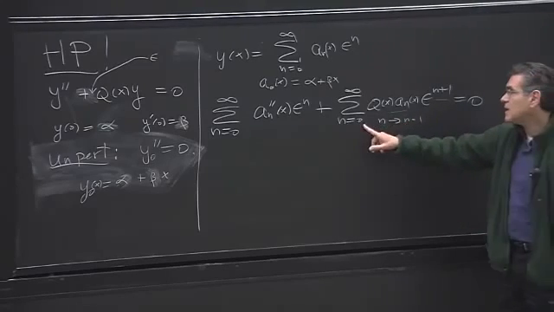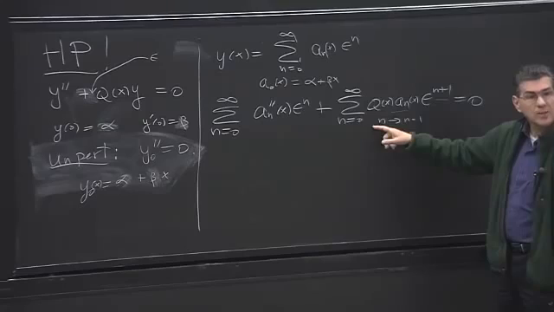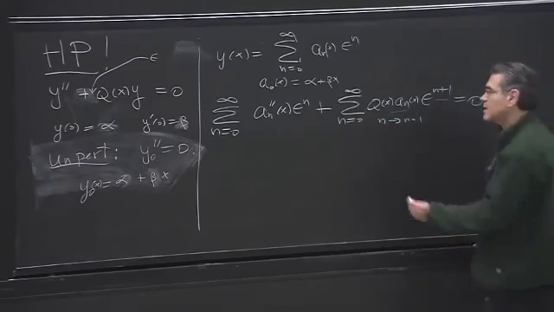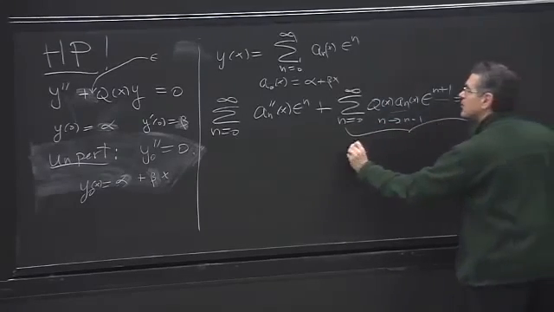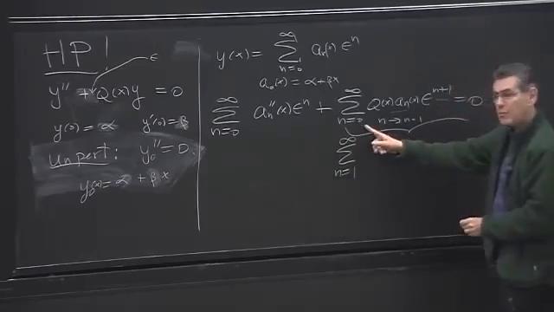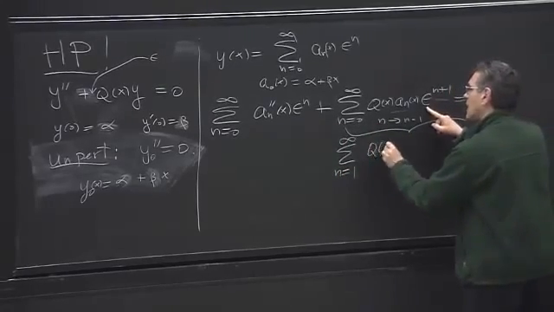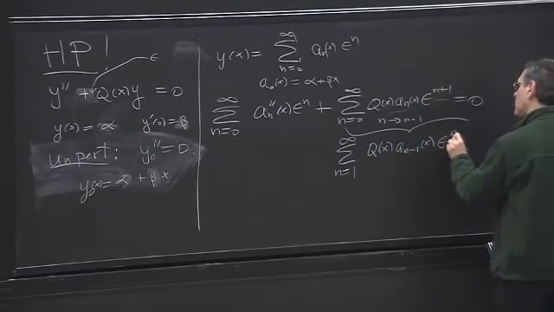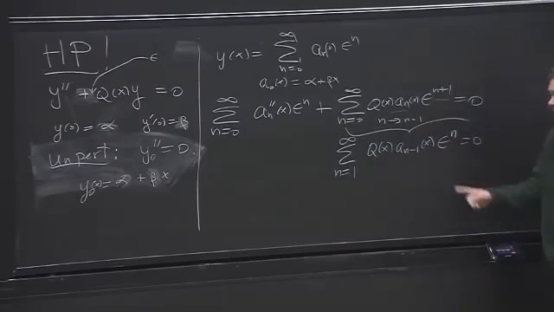But that means that the limits, the endpoints, have to be raised in order to compensate for that. So I can rewrite this as the sum from n equals 1 to infinity. I raise this by 1, but I lower this by 1. So there we go.